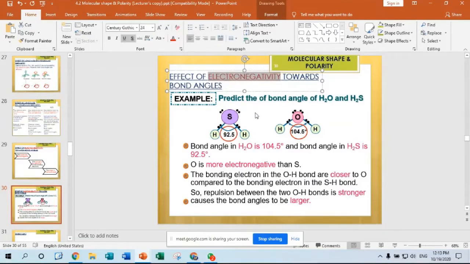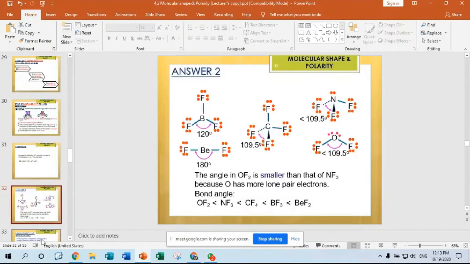FON: fluorine is the most electronegative atom over the whole periodic table, followed by O and then N. So O is more electronegative, so the OH bonds are closer to O compared to the bonding pair in the SH. So repulsion between the OH is stronger, causing the bond angle to be larger. Take note.